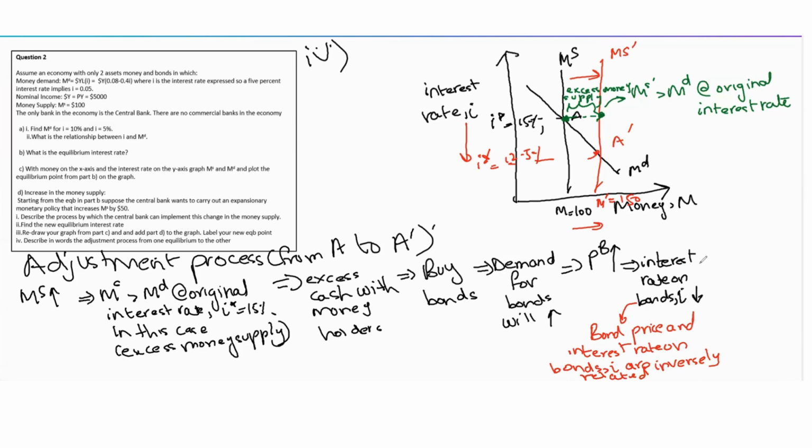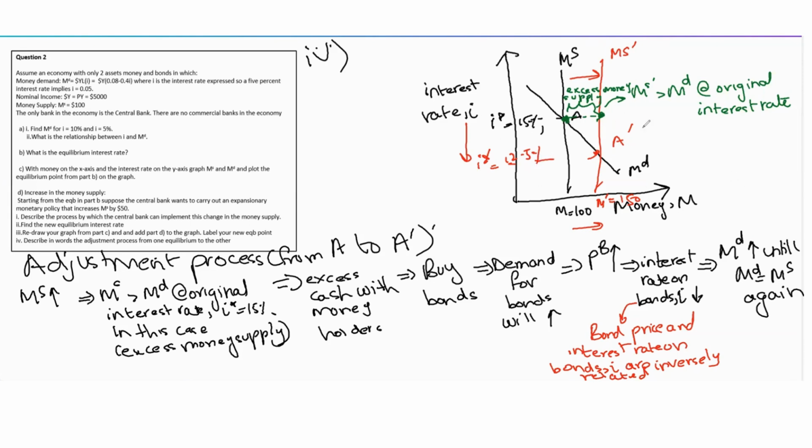So now we know interest rate and money demand are inversely related as well, right? So when interest rate of bond goes down, money demand increases until money demand is equal to money supply again. So this is the entire adjustment process. Like we said, you start at point A, money supply increases, so at the original interest rate, there's an excess supply of money. This will put pressure on the interest rate to decrease.